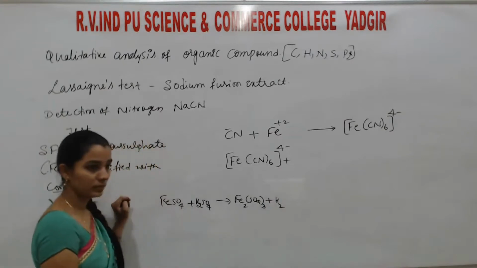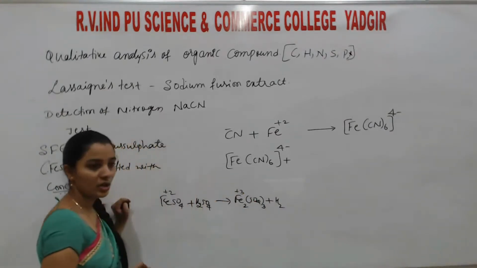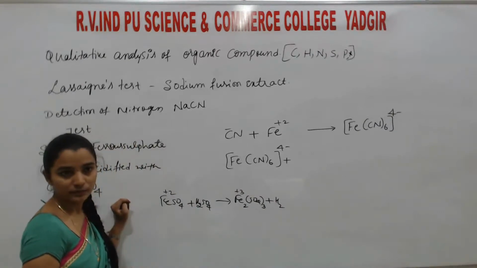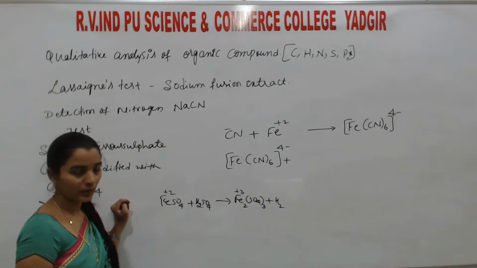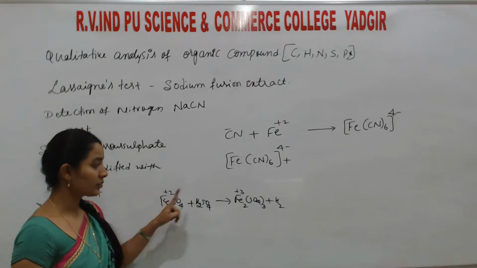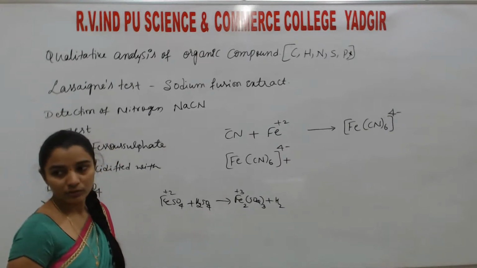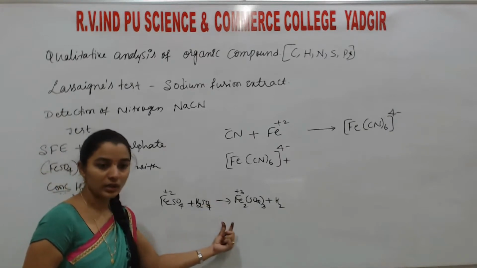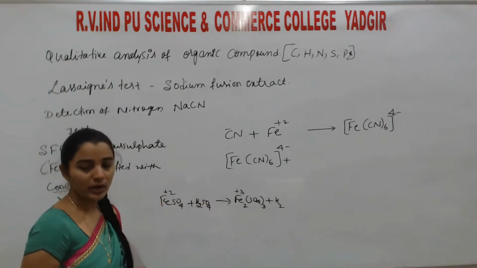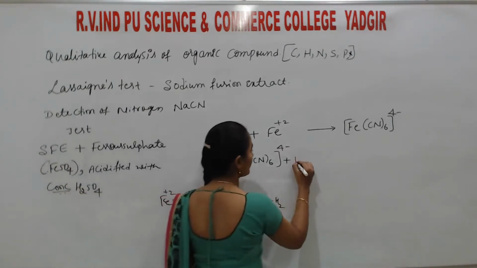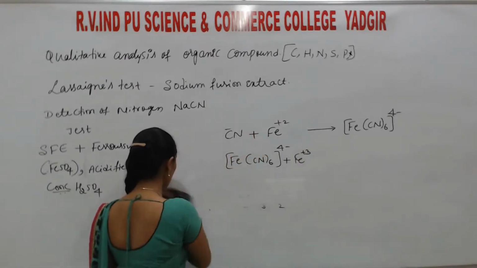The plus 2 oxidation state changes to plus 3, meaning it loses 1 electron. I'll explain oxidation states in the redox reaction chapter. Just remember it changes from plus 2 to plus 3. Some of the Fe plus 3 ions will react in the second reaction.